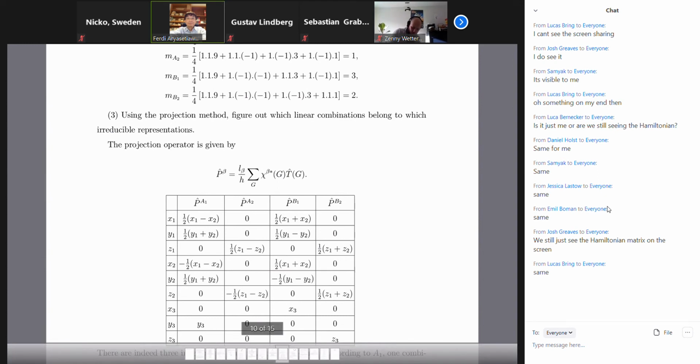So it becomes 1 over h, which is 4, and then I have 2x1 minus 2x2, like this. It's because if you look at the effect of the symmetry operation on x1, we get x1 and then minus x2 and then x1 and then minus x2. Then if I use this formula, I will get this result, which is this one here.